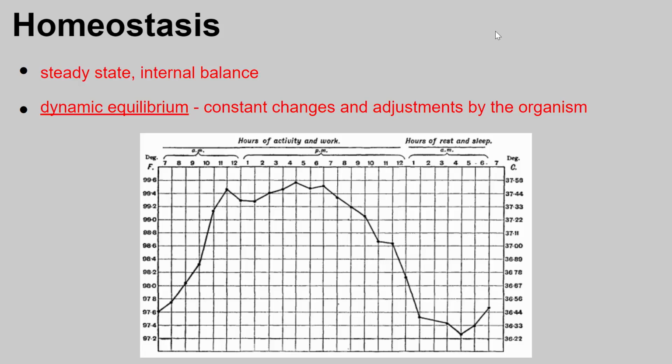For example, body temperature is an example that we come back to all the time when we're talking about homeostasis. Warm-blooded animals like humans have certain ways of maintaining dynamic equilibrium, maintaining homeostasis in regards to our body temperature.